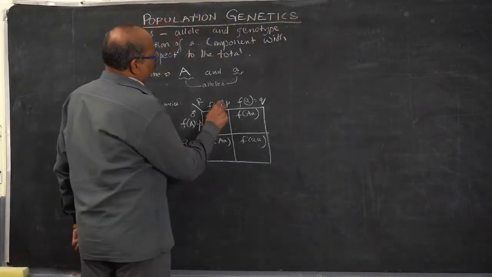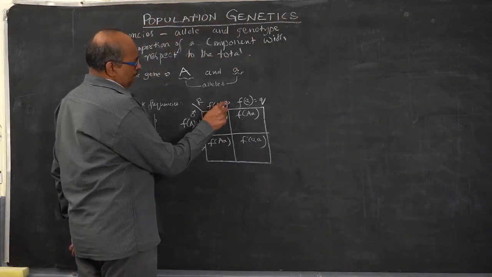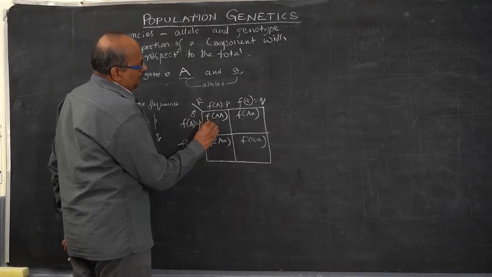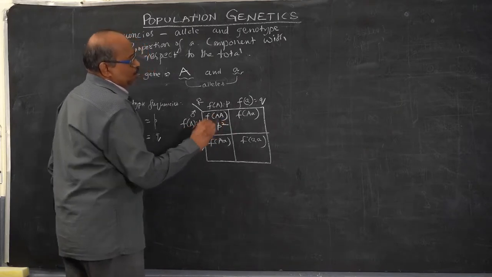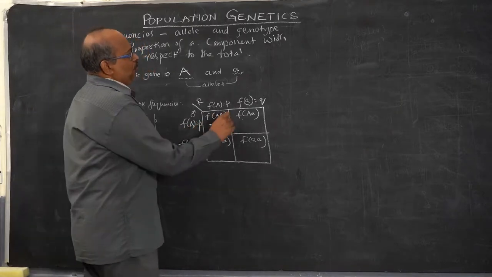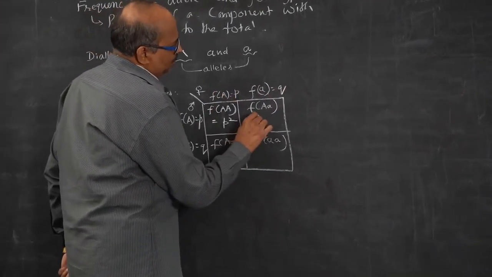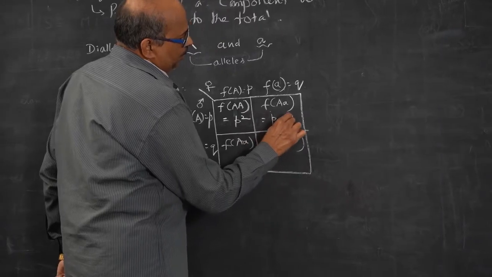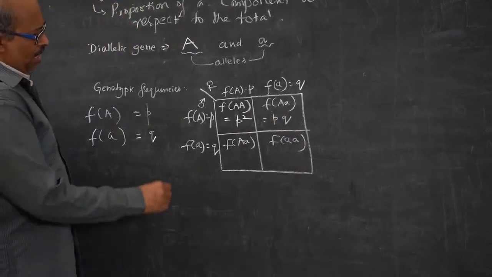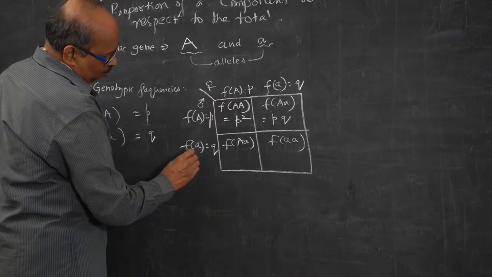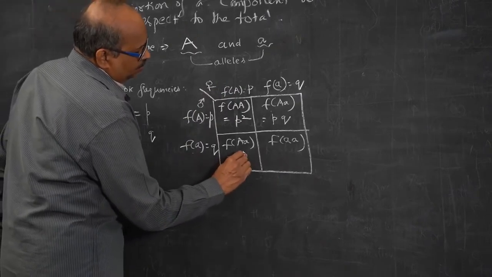Since the frequency of capital A is P, for capital A capital A this will be P square. The frequency of small a is Q and capital A is P, so this will be equal to PQ. The frequency of capital A and small a, again PQ.